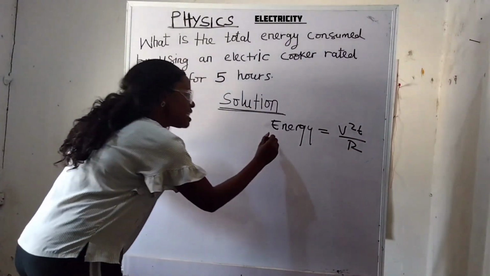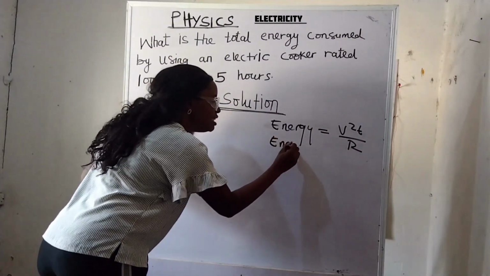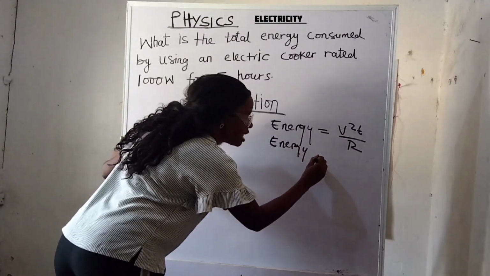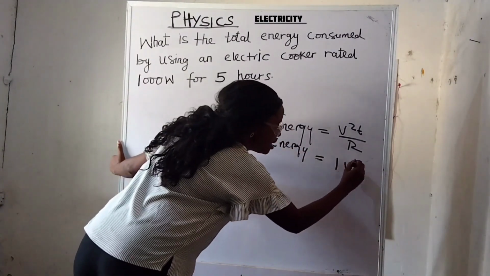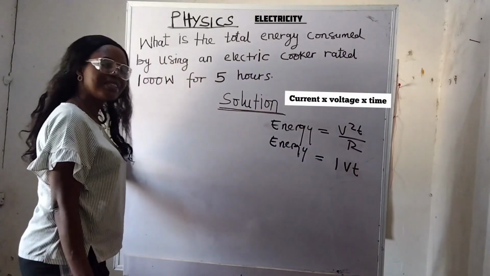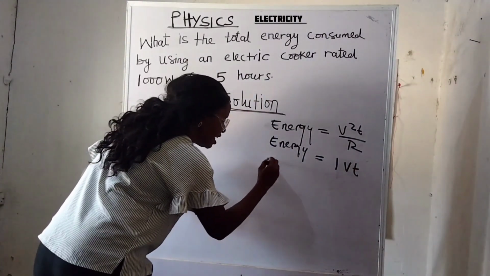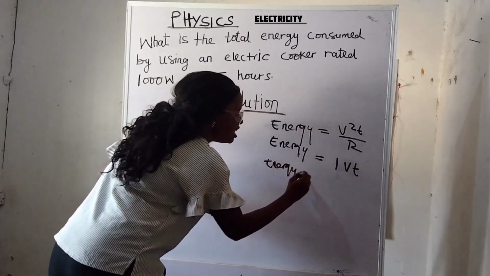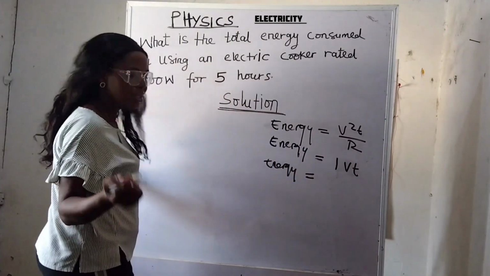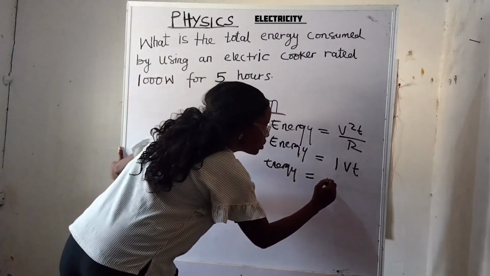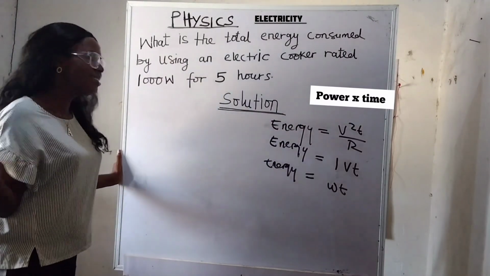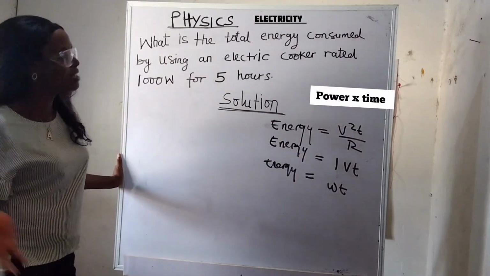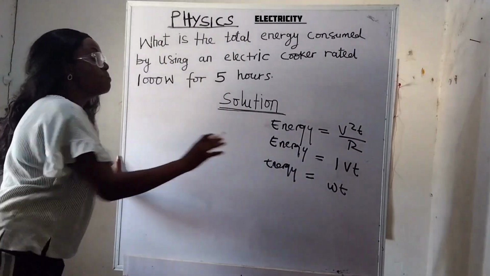Electric energy is also equals IVT. Electric energy is also equals WT. There are many formulas for electric energy, but let us stop here for the moment.